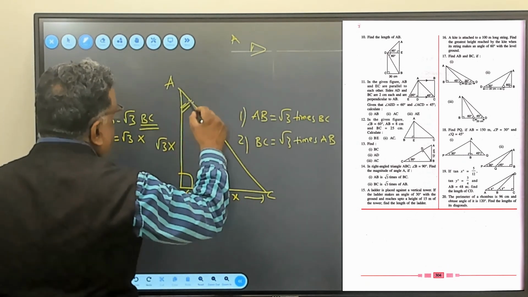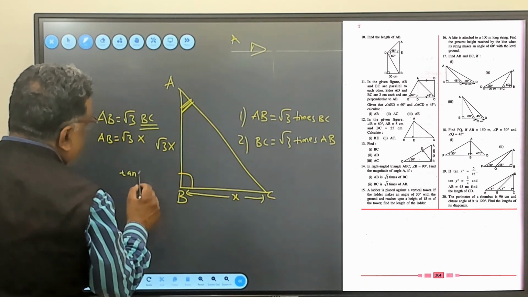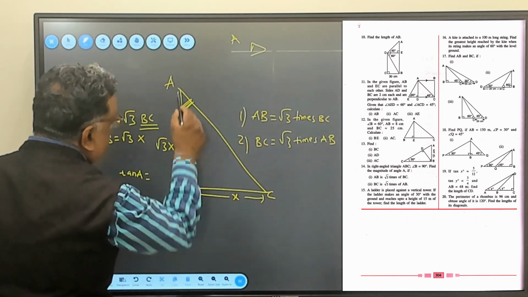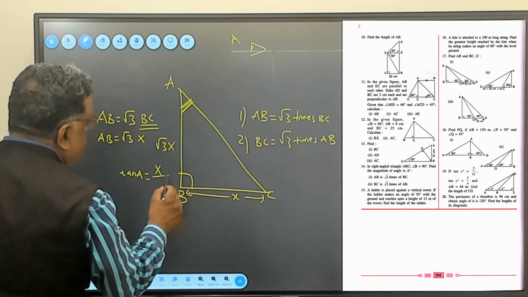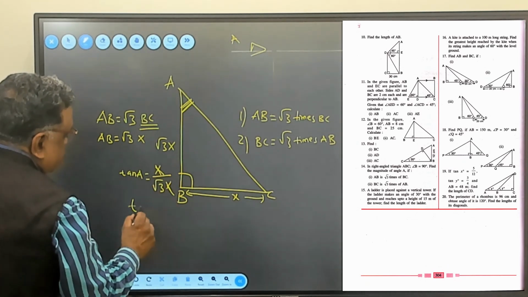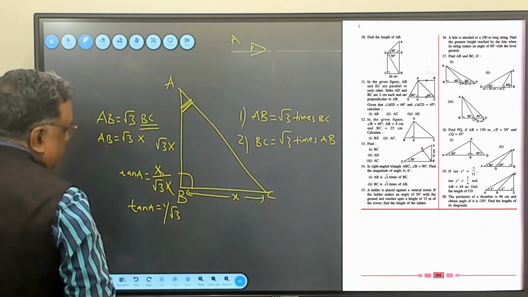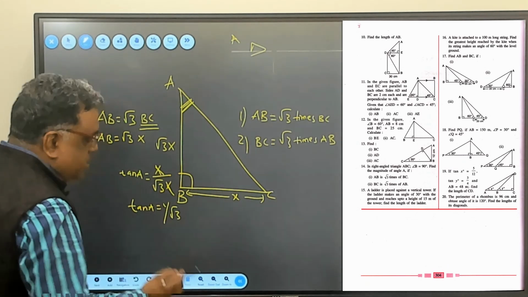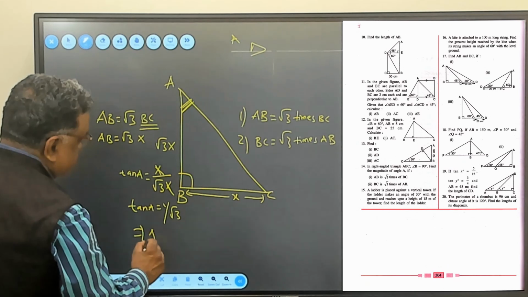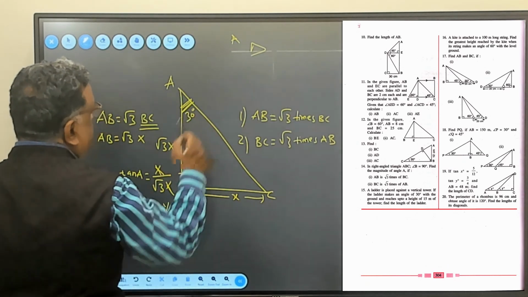Now I have to find this angle A. So the best way is to use tan formula. So tan A is going to be opposite upon adjacent. The opposite is X. X will get cancelled. So tan A will become 1 upon root 3. Tan 30 is 1 by root 3, which implies angle A is 30 degrees. So in first case, angle A value comes to 30 degrees.